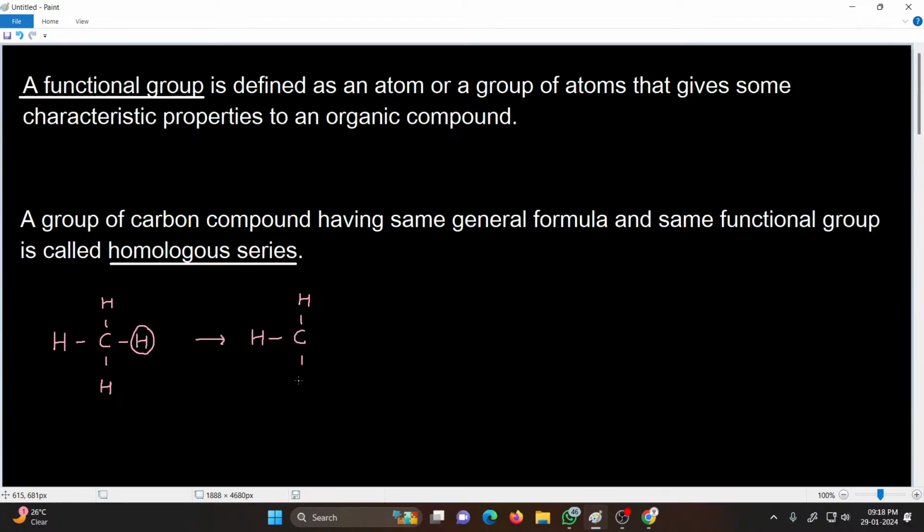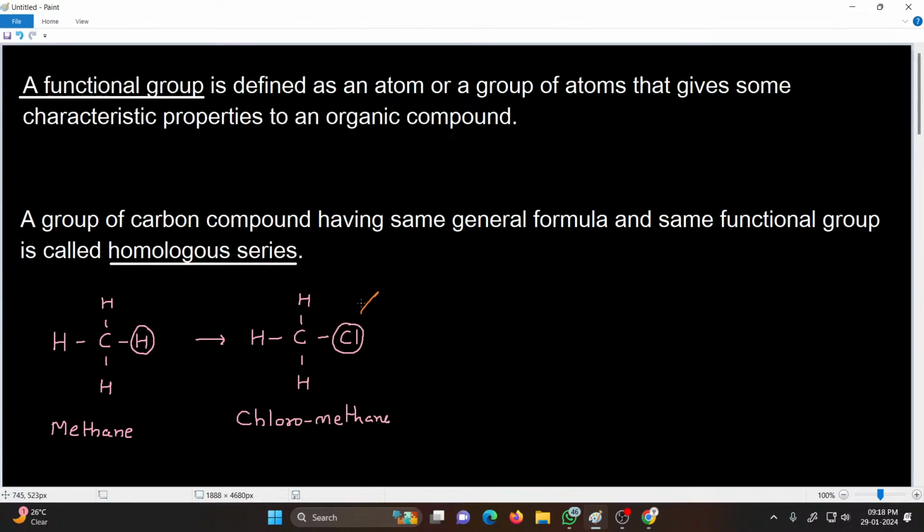So if a compound is formed like this, where the hydrogen is replaced by a halogen, this is methane. Then this compound will be called chloromethane. So here halogen is the functional group.